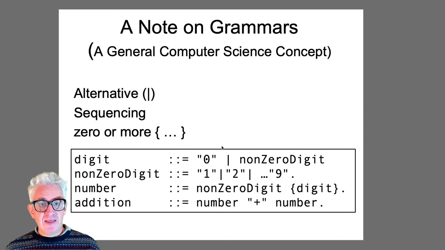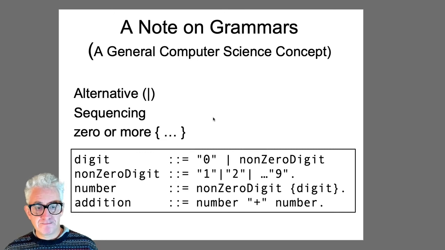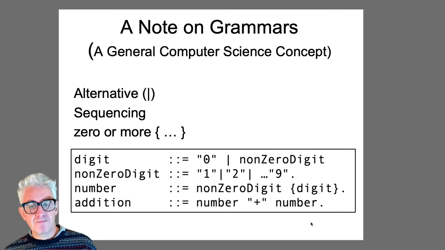And so basically the basic concepts in these grammars consist of alternatives, sequencing, and 0 or more things. Okay, so that was just a summary of something that we will come across occasionally in the lectures. We will use these kinds of grammars to motivate the structure of our parsers.